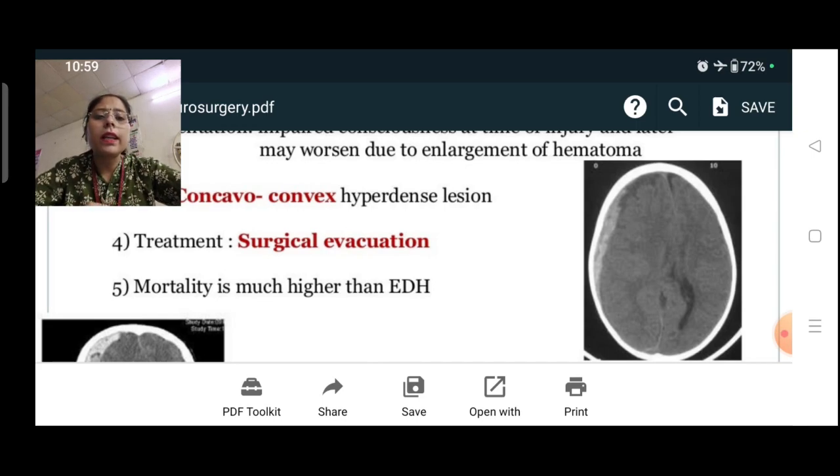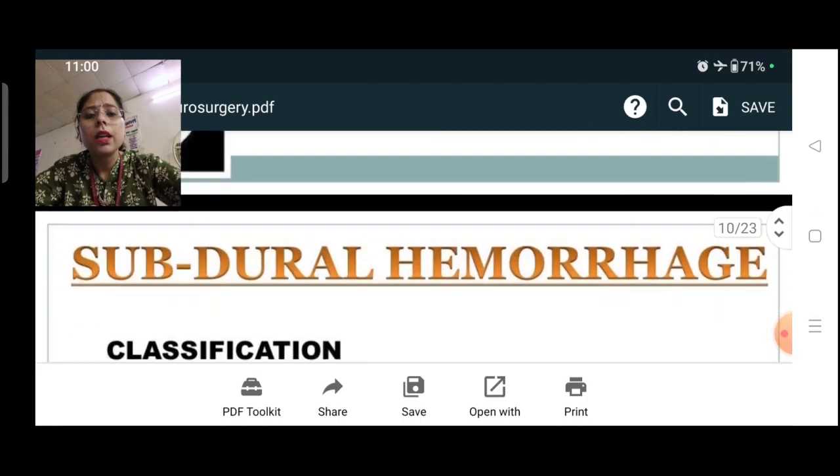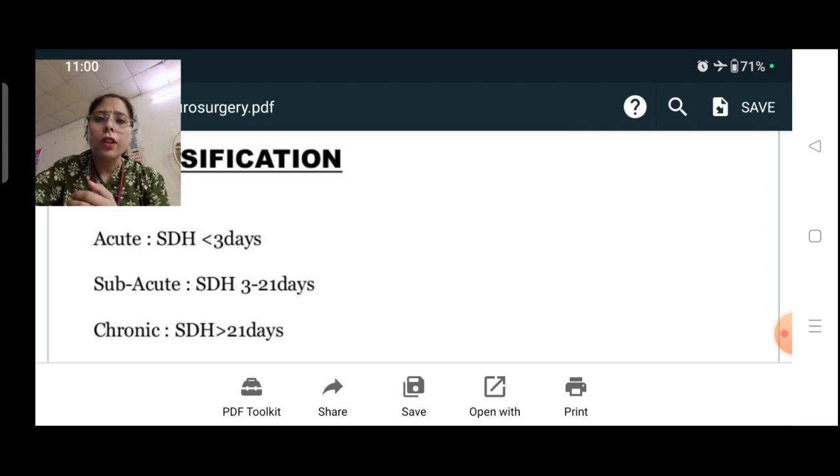And the mortality rate in this hematoma is much greater than the extradural hemorrhage, because that is a thing which comes into notice very fast, but a subdural hematoma may not get noticed fast, therefore it may get worse with time. We can also classify the subdural hematoma into acute, subacute and chronic stage.